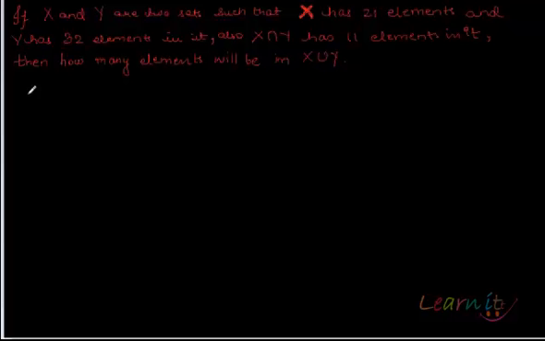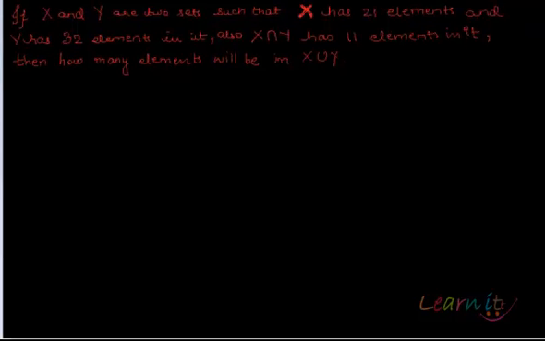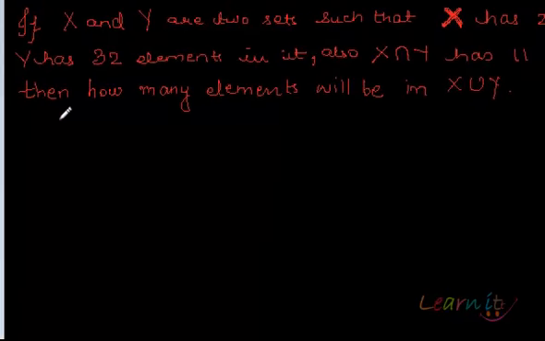Okay, let's look at the following question. The question gives us two sets X and Y. X and Y are two sets such that X has 21 elements in it and Y has 32 elements. Also, we are given that the intersection of the two sets has 11 elements. What we need to find out is how many elements the union of the two sets will have.